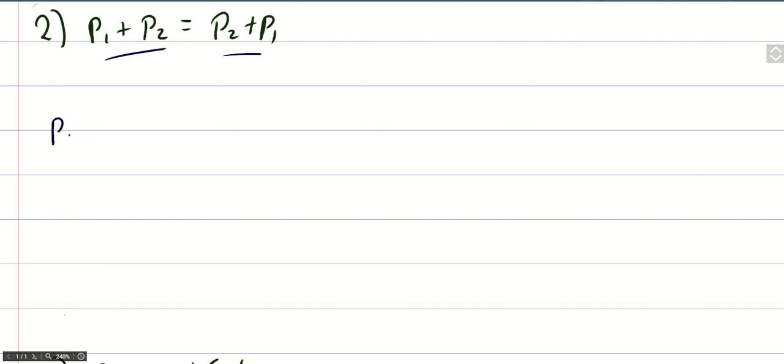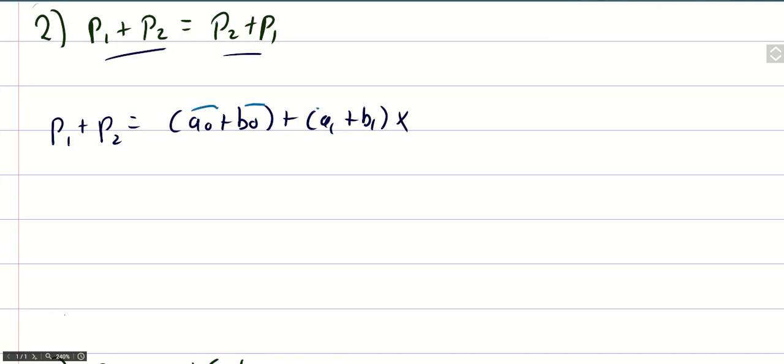So that means that p1 + p2, we know that the result is (a0 + b0) + (a1 + b1)x. And what happens here is that these elements, a0 and b0, a1 and b1, are real numbers. So they commute with each other.